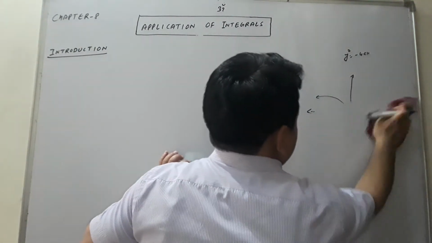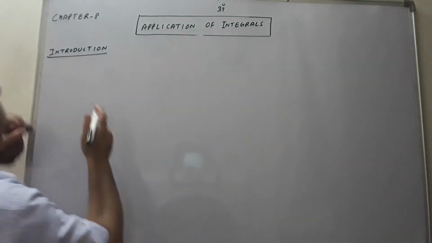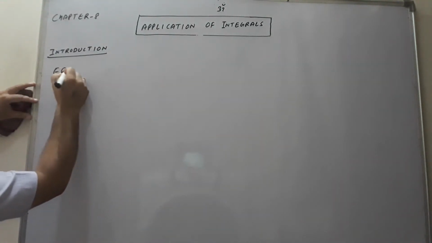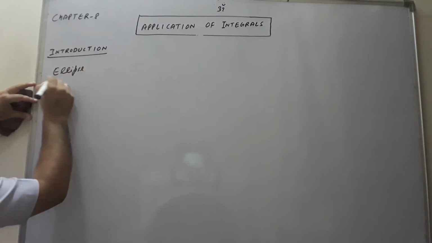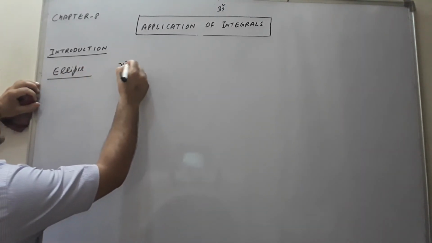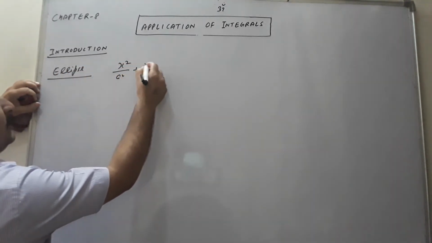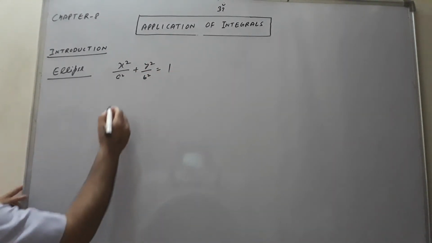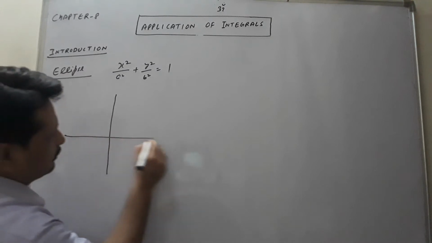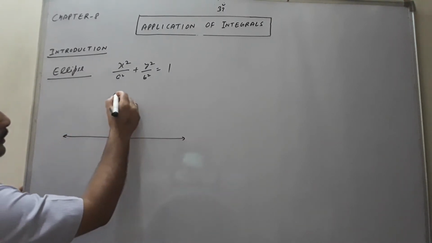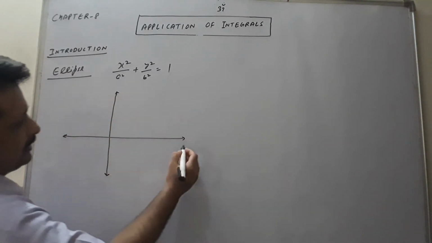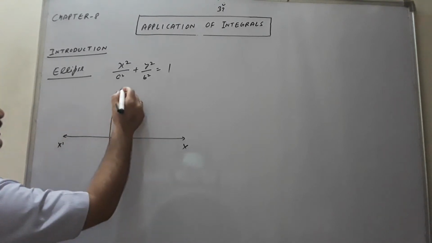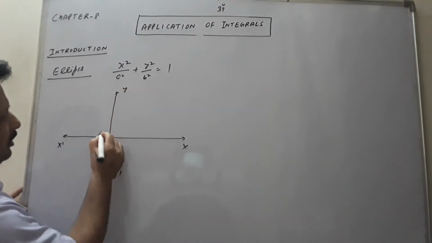Second one is there, students, that is the ellipse. Its general form is x square upon a square plus y square upon b square is equal to 1. Now students, this ellipse that I have taken, this is x dash, this is y dash, this is the origin.